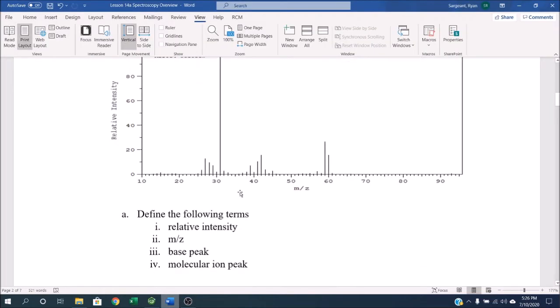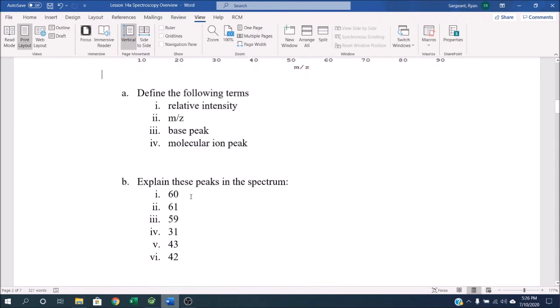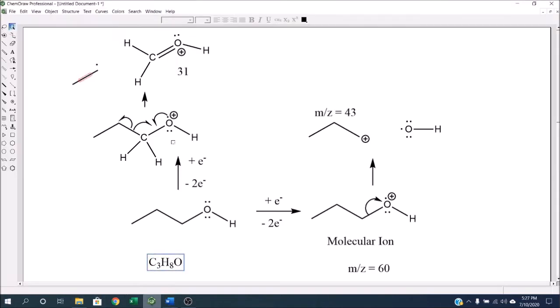It is worth looking at a couple of peaks specifically. You'll notice them listed out here. We explained the peak at 60. This is the molecular ion peak, and this just represents a single ionization event. The peak at 31 is a carbonyl fragment. Remember, a carbonyl is a carbon-oxygen double bond, and so this carbonyl fragment is this one right here.